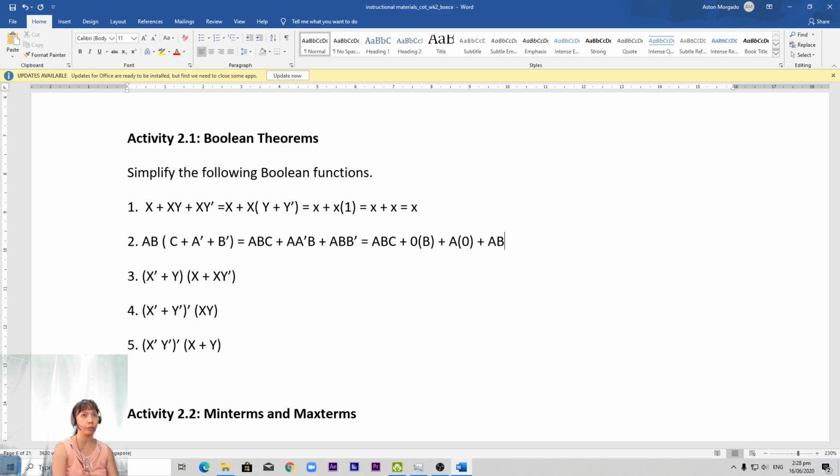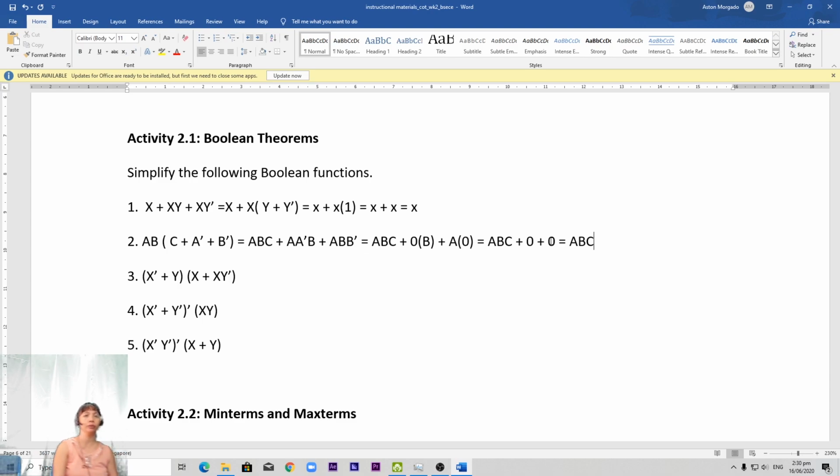I'm just showing you in detail: 0 times B or 0 times x, any number multiplied by 0 is 0. Likewise, A times 0 is still equal to 0. Of course, this is simply equal to ABC.